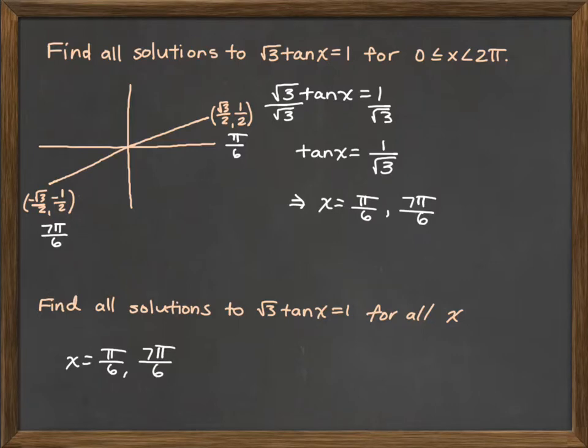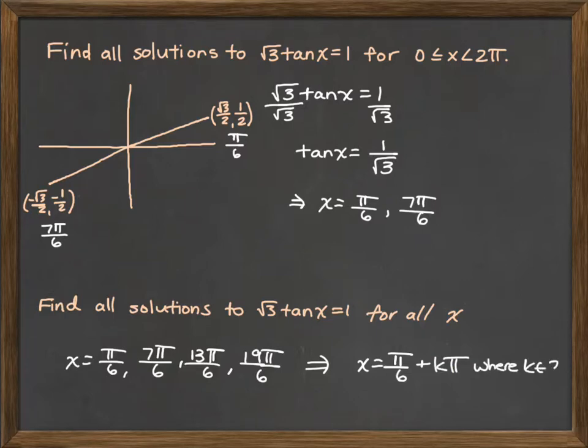And then the next time that happens again is going to be at 13 pi over 6, and then again at 19 pi over 6. So what we're doing is we're just adding pi each time. So we can write this as x equals pi over 6 plus k pi, where k is an integer. And that will be the most general solution.